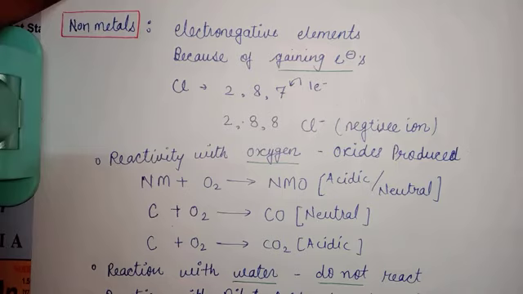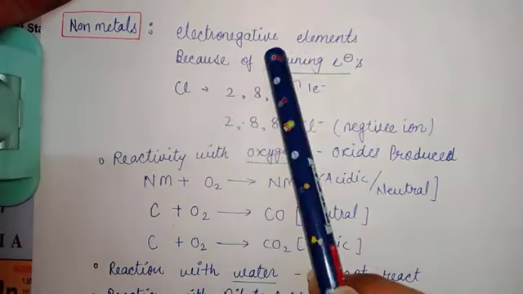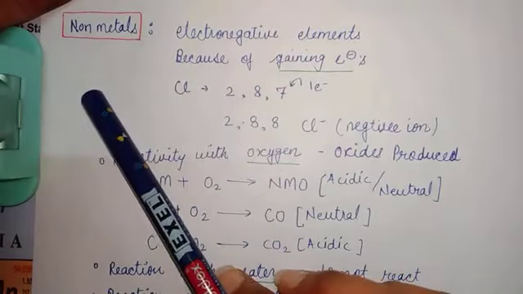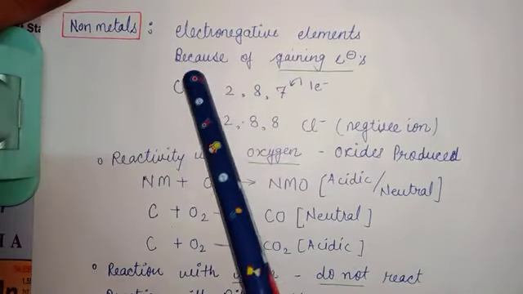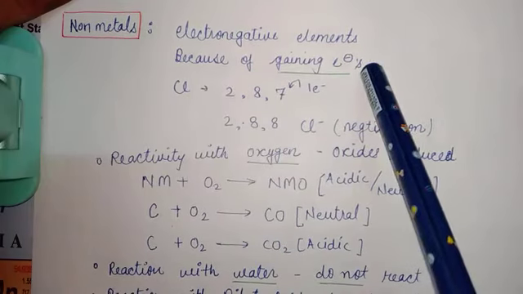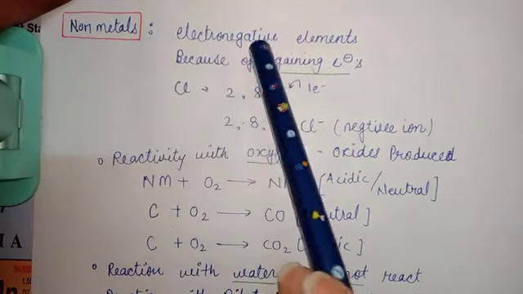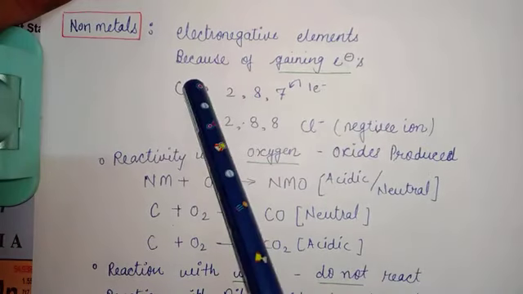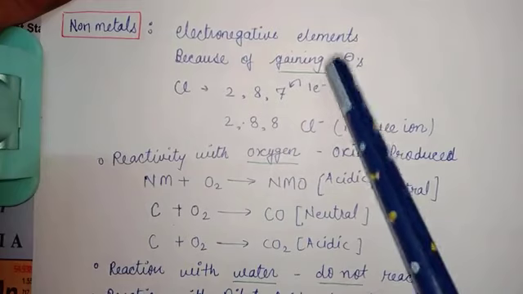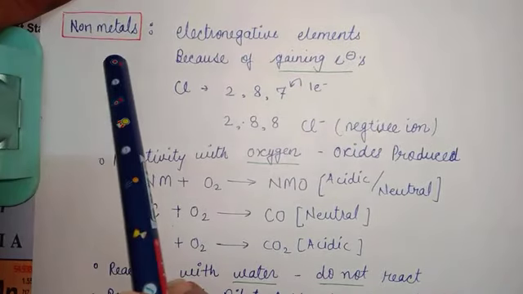From the word non-metal, what can we conclude? Electronegative elements are called non-metals. Non-metals are generally acidic in nature because of gaining electrons. I repeat, they are electronegative elements, and because of gaining electrons, this behavior is called non-metal.